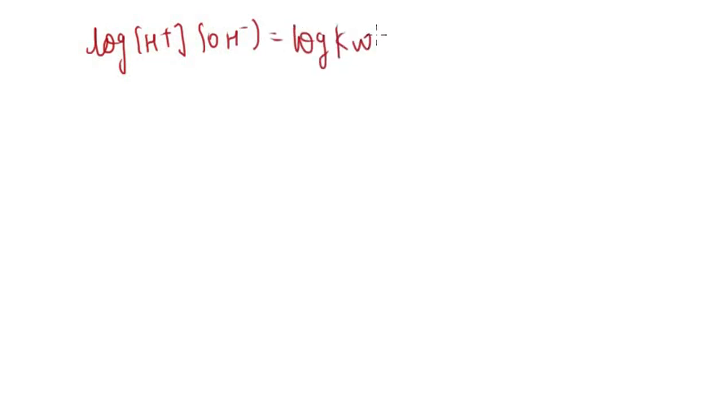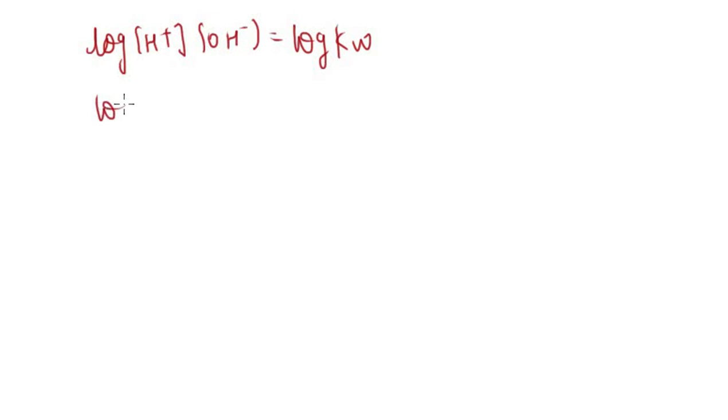Further, when we take log of both sides of the expression, log of H plus multiplied by OH minus equals log of Kw. Now we use the property log of A times B equals log A plus log B, a very basic property you might have learned in logarithms.